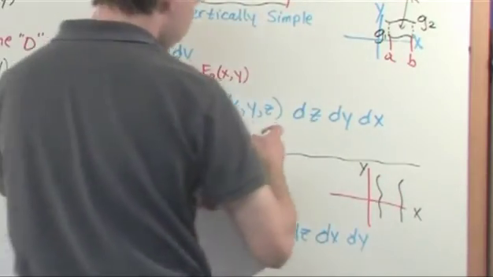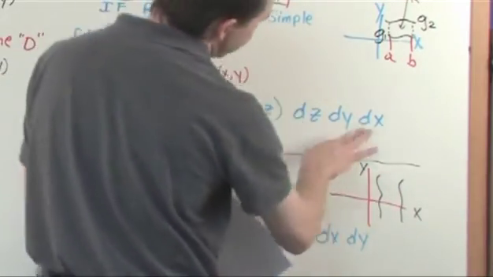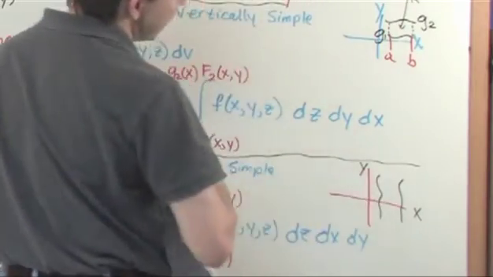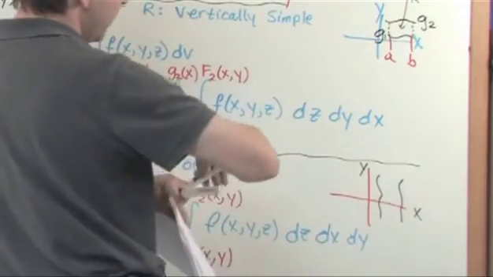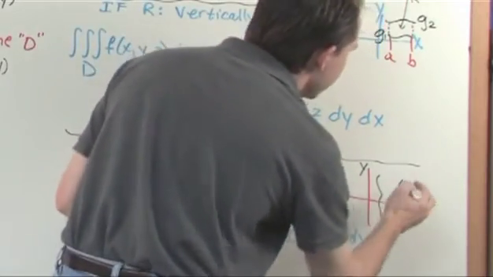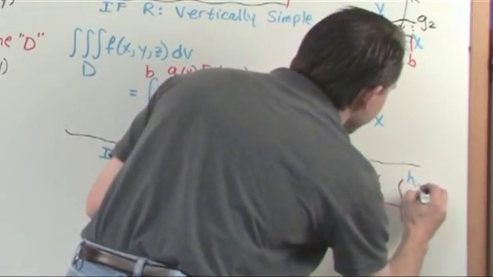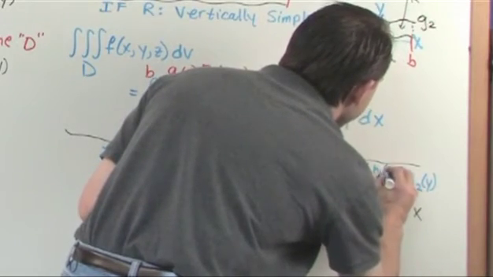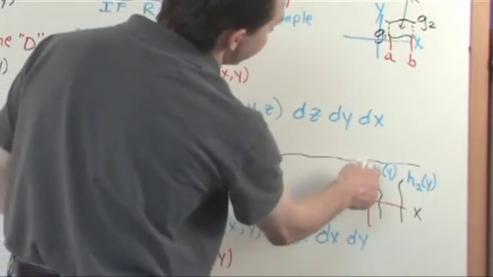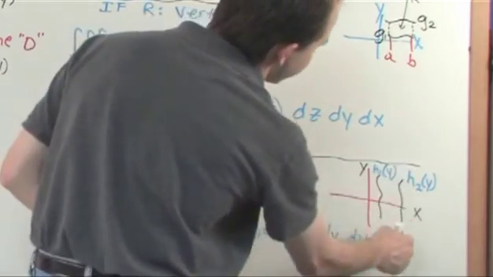If you tilt your head to the side and look at it like this, y is the independent variable and x is the dependent variable. So this function right here is h2 of y, and this is h1 of y. This is a function of y, and this is another function of y.